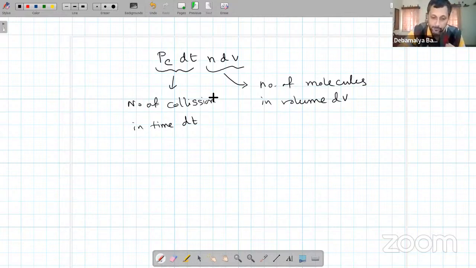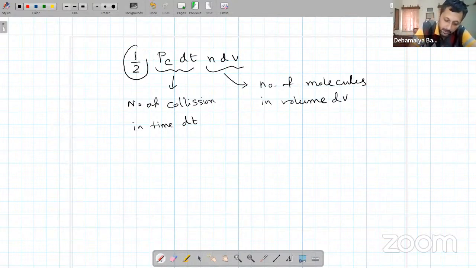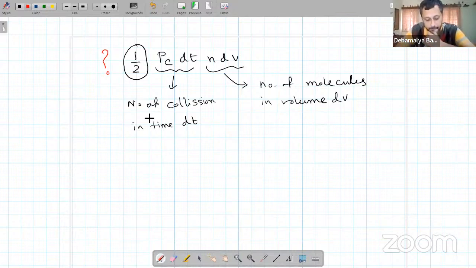Now when we have the total number of collisions in unit volume and we multiply with the factor of half, that's where he has a question about whether this half factor should be here or not.